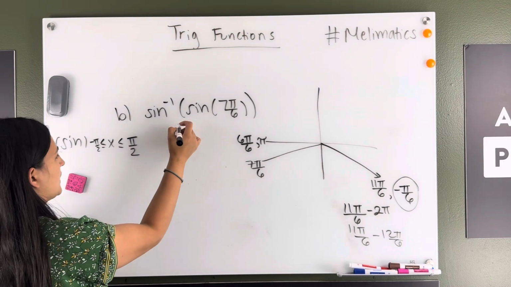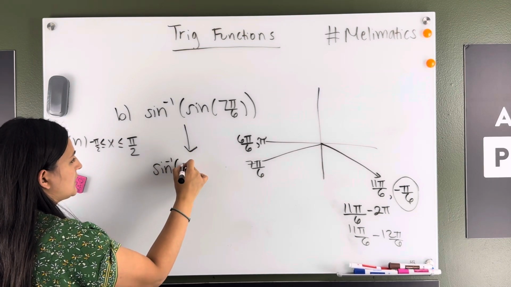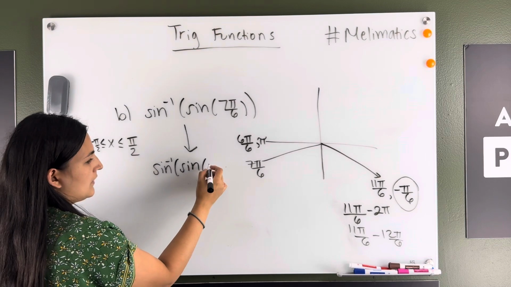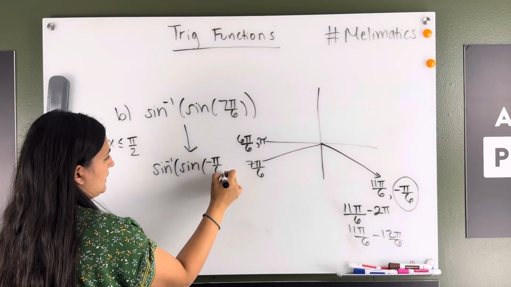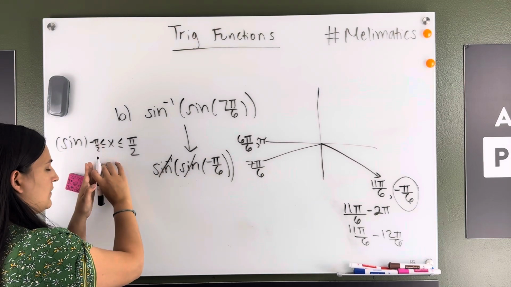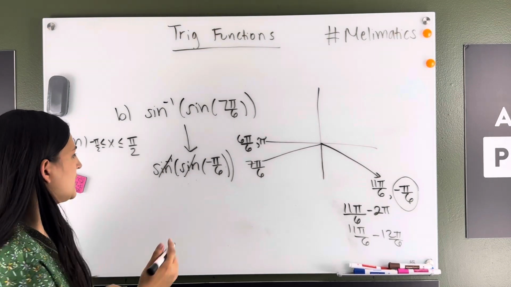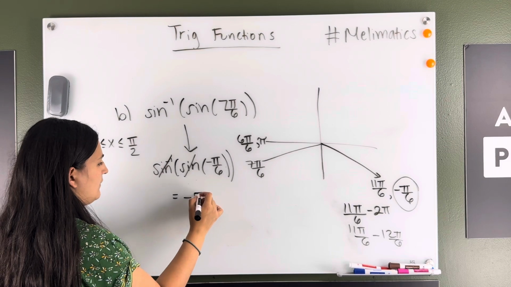So that means we can do arcsine of sine of negative pi over 6, and the cool thing is that these cancel now, because I am in the right restrictions that I need to be, and so now the answer is negative pi over 6.